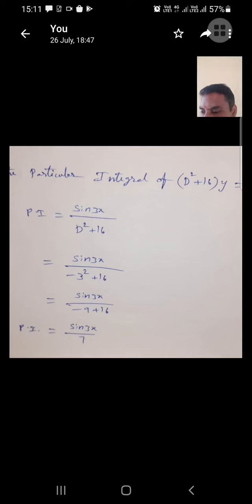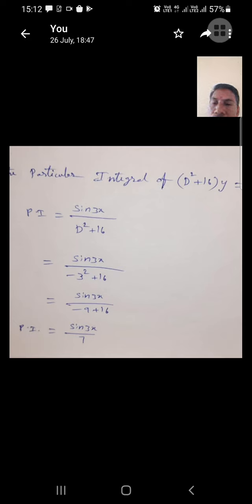So very important, because we think minus 3 whole square. No, the minus is separate and the 3 square is separate. Only a has the square.